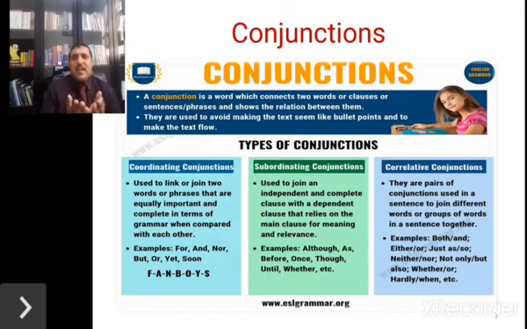For example, he told me, okay, come with me or stay at home. I don't want both ways or both choices. I can tell him, okay, I can neither go with you nor stay at home, but I'll go to meet my friends or I'll go to my friend's party. You can say like this.